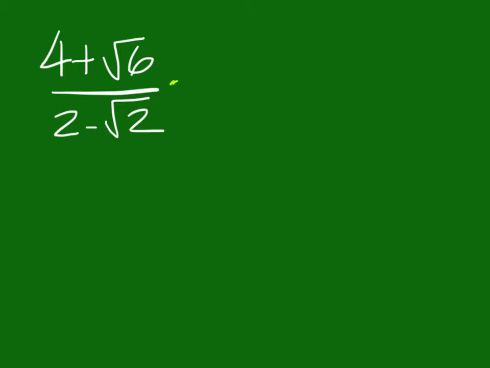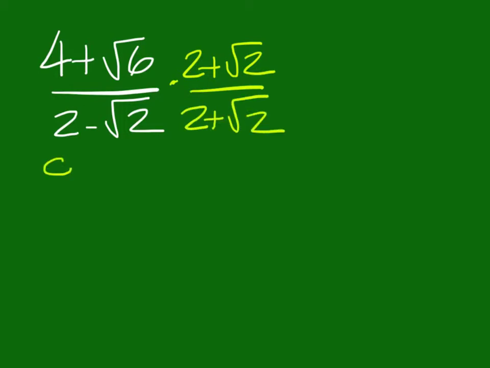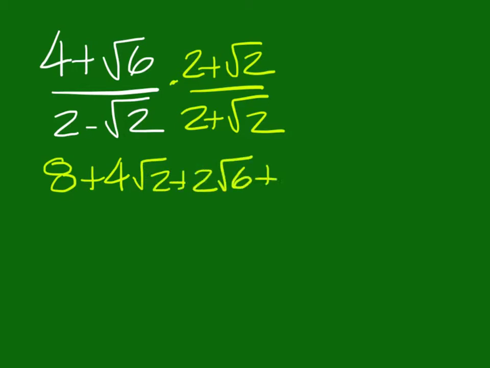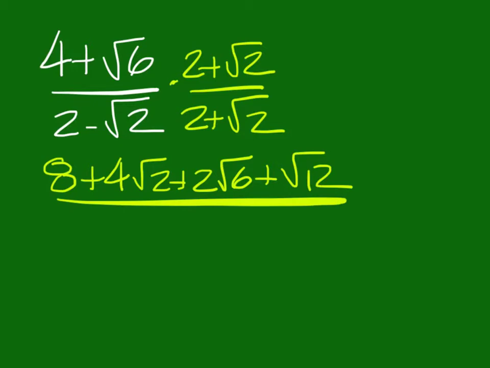On this problem, it should be multiplying by 2 plus square root of 2 on the top and the bottom. When you do that, you have 8 plus 4 square root of 2 plus 2 square root of 6 plus square root of 12 over top of 2. Now you have to simplify the square root of 12 to 2 square root of 3.